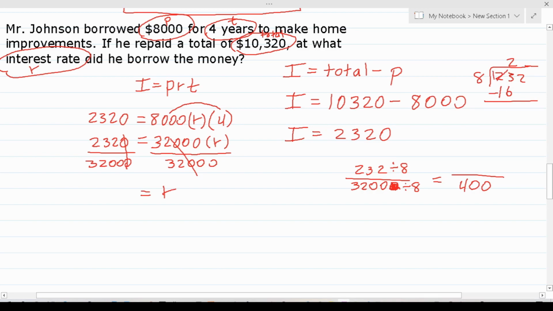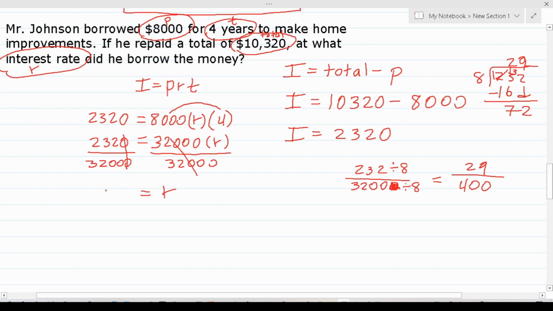We have to borrow. This becomes 1. This becomes 13. 13 minus 6 is going to be 7. Drop down this 2. 8 goes into 72 9 times. Okay, so this reduces to 29 over 400.